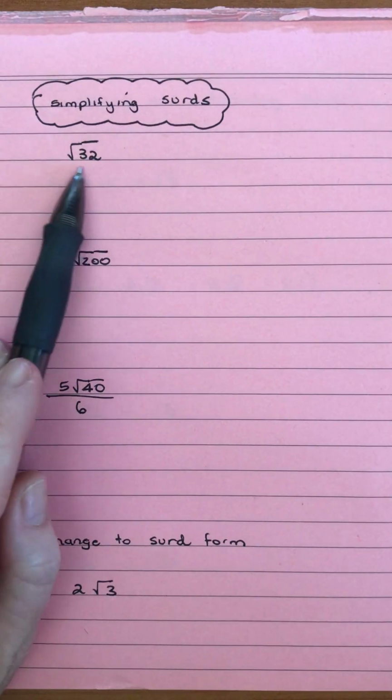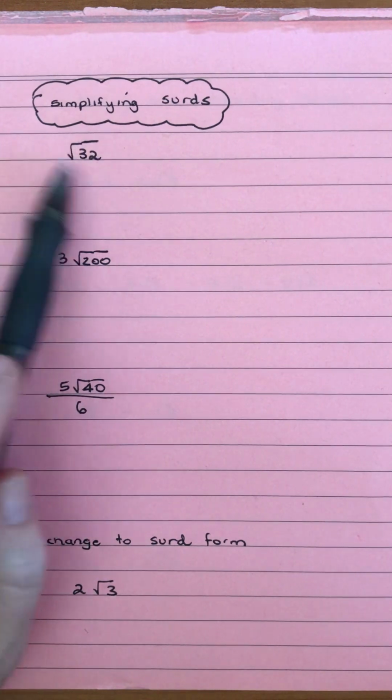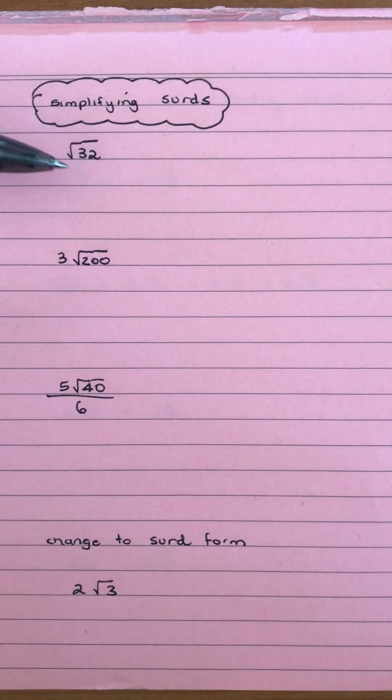So when we're looking at the number inside that symbol, we want to be able to break it down into factors where one of them is a square number, because then we can simplify further. So when I look at 32, I know that I can divide 32 by 4, and 4 is a square number.